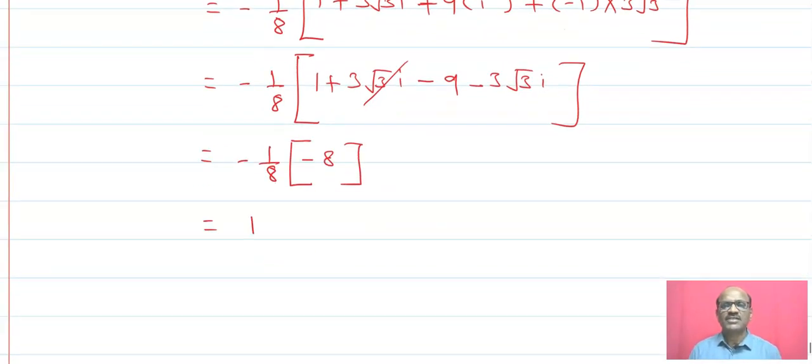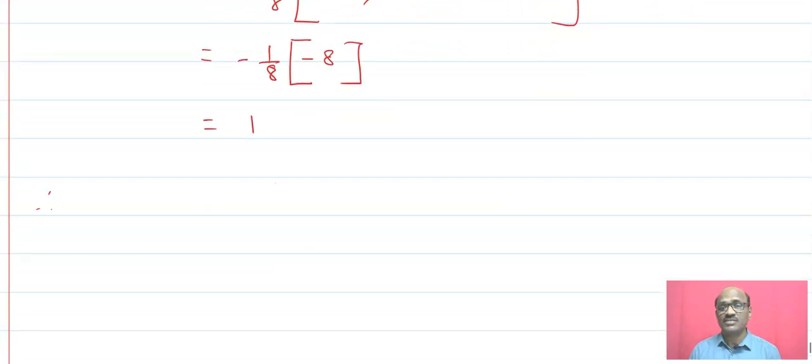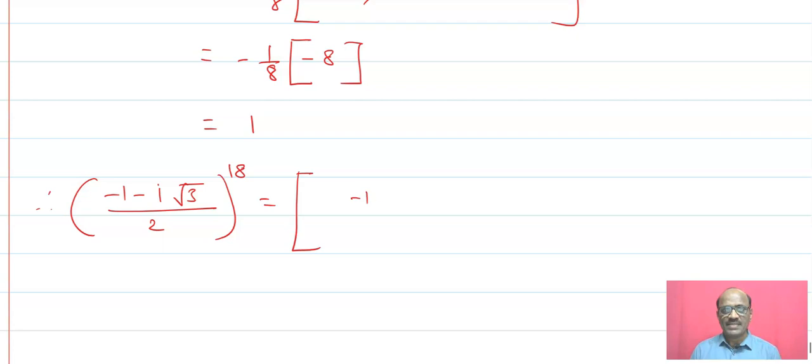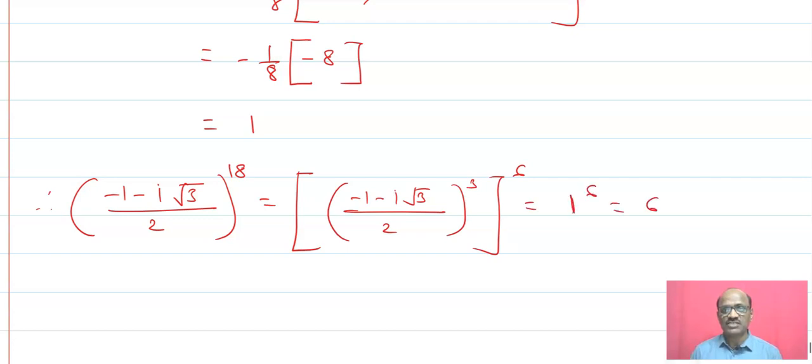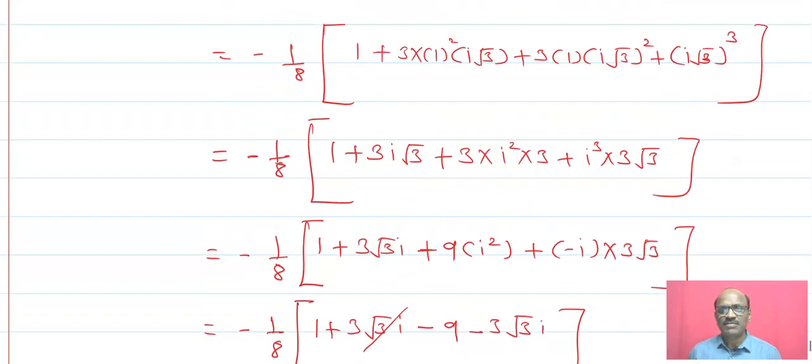Therefore, it's minus 1 by 8 into minus 8, that is equal to 1. And again, its power is 18. Therefore, (minus 1 minus I root 3 upon 2) bracket cube raised to 6, that is again equal to 1.